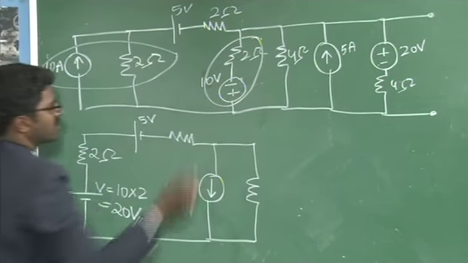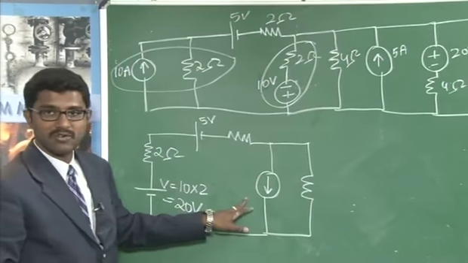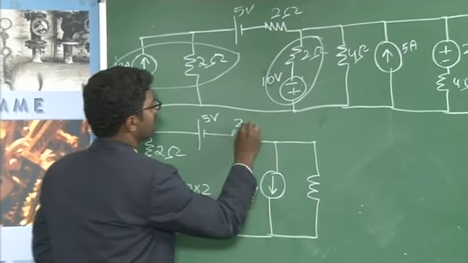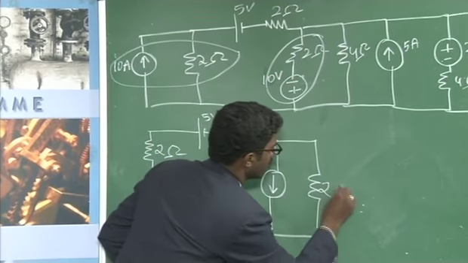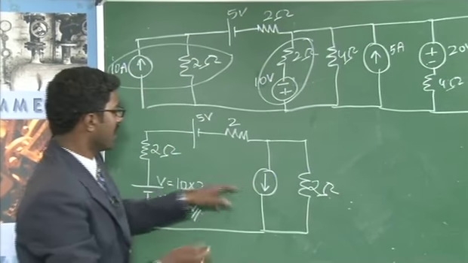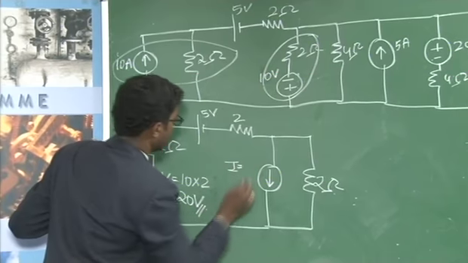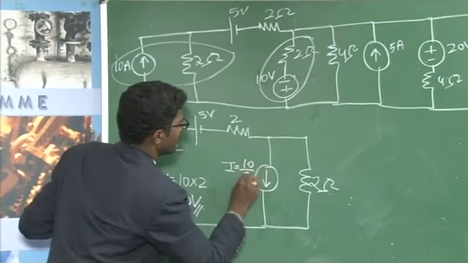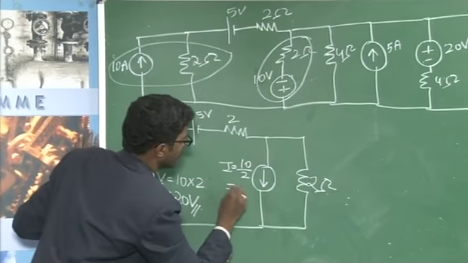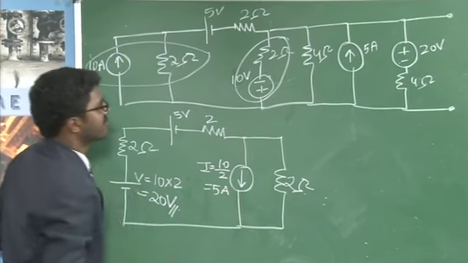I am converting this practical voltage source into an equivalent current source. The resistance will be the same as your source resistance, which is 2 ohm, and I is given by V by R, which is V given here as 10 divided by the resistance 2 ohm, which is equal to 5 amps.